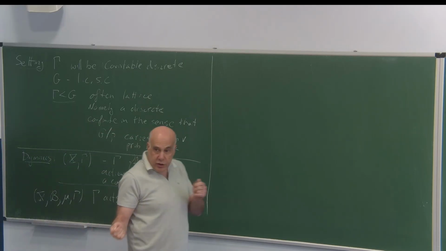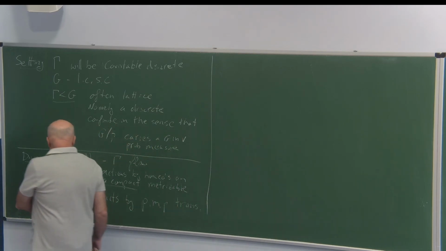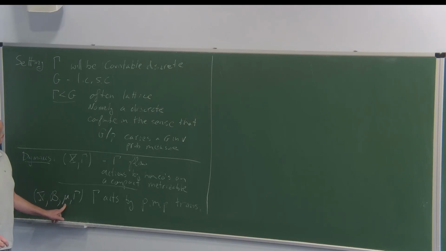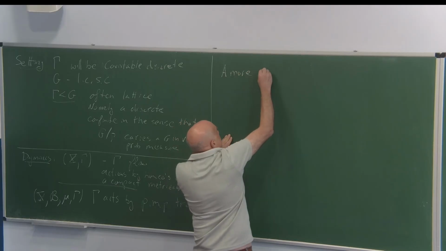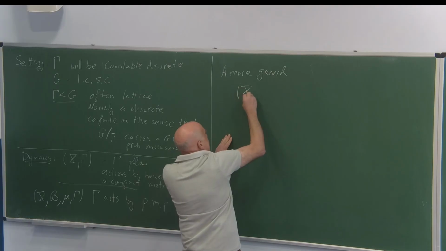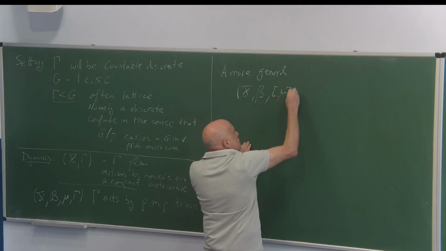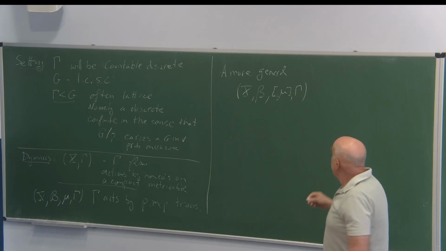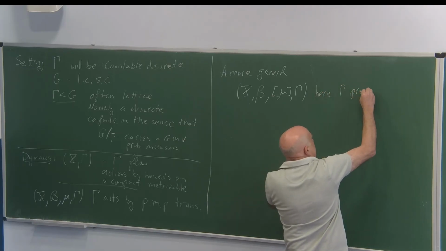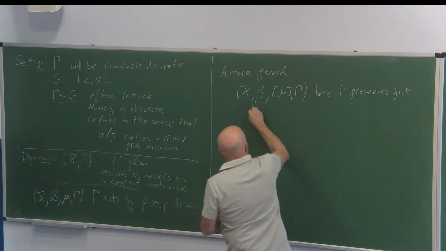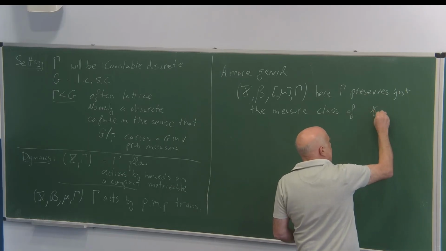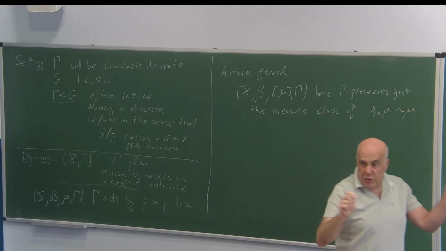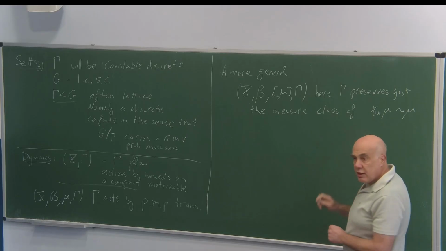But I'm also interested in a slightly more general setting, where the gamma action doesn't really preserve the measure mu, but preserves just the measure class of mu. I'll denote it by X, B, mu, gamma, with a bracket to denote that gamma preserves just the measure class of a probability measure mu, namely gamma pushes forward mu to a measure which is mutually absolutely continuous with respect to its translate.